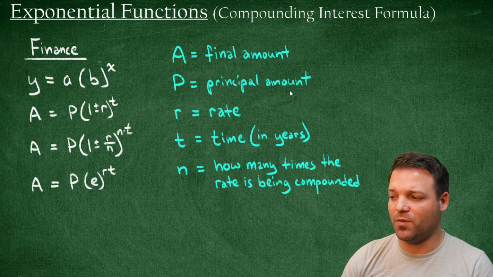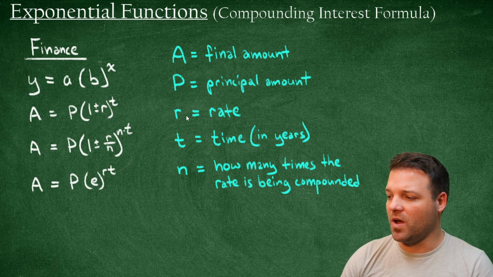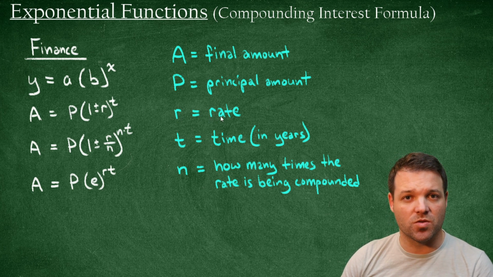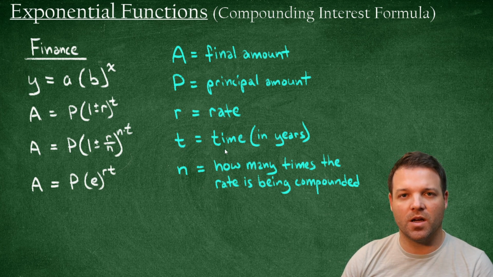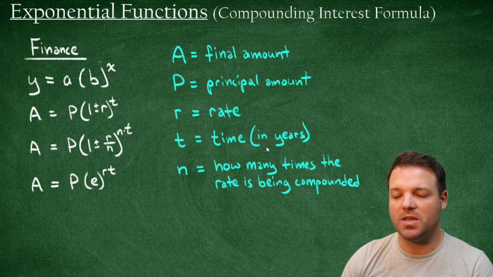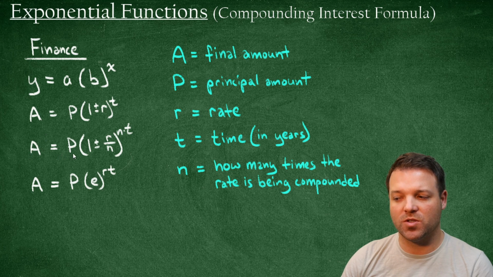P is going to stand for the principal amount or the starting amount. R is going to be your interest rate, because we're talking about money here. T is going to stand for time, and according to all of these formulas, time is actually going to be in years.